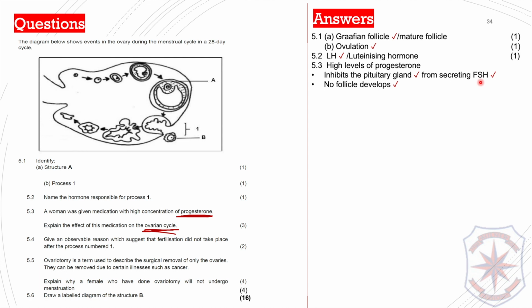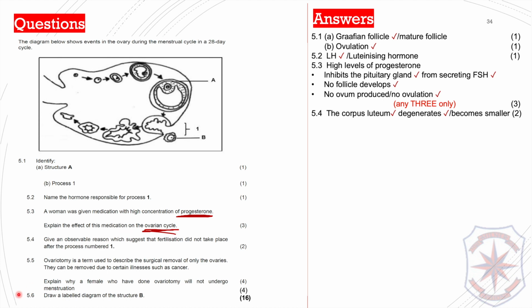The function of FSH is to do what? Is to stimulate the growth of a follicle. So if we have less or no FSH, no follicle will develop. If there is no follicle, no ovum will be produced. So there will be no ovulation. All right? Remember, the question is asking about what happens in the ovaries, not the endometrium, in the ovaries. So, any 3 marks.